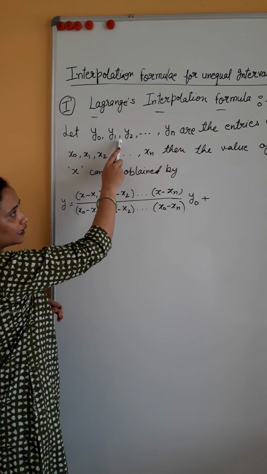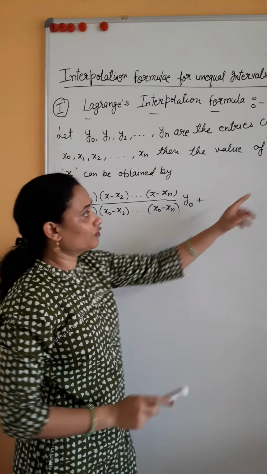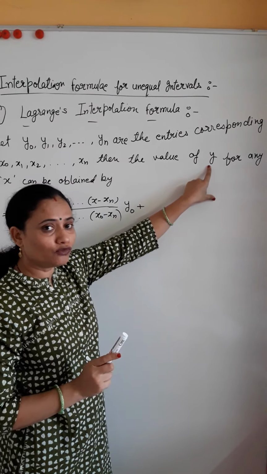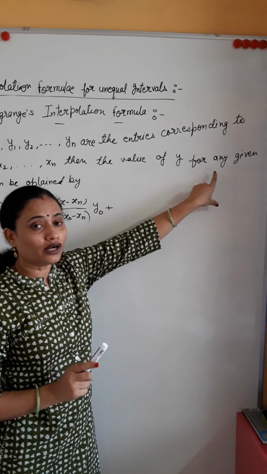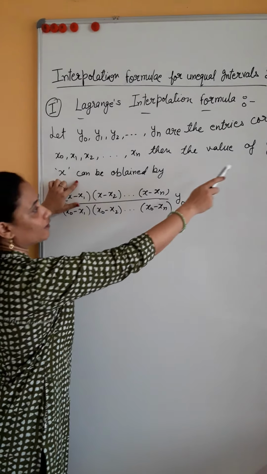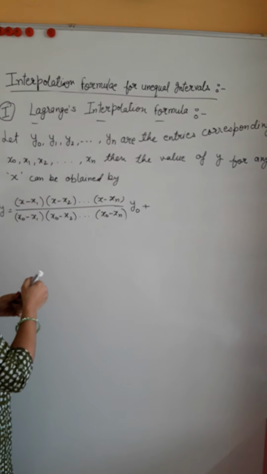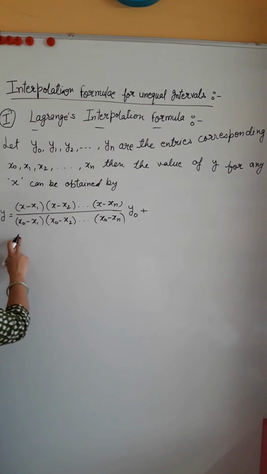If these are the entries corresponding to these arguments, then we have to find the unknown value of y for any given x, which can be obtained by this formula.